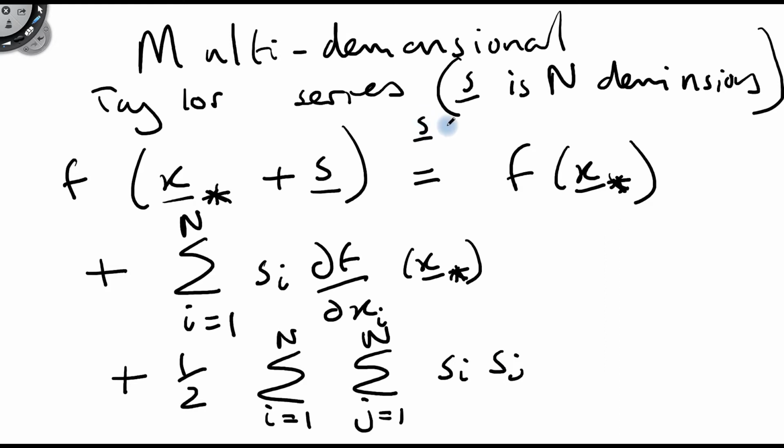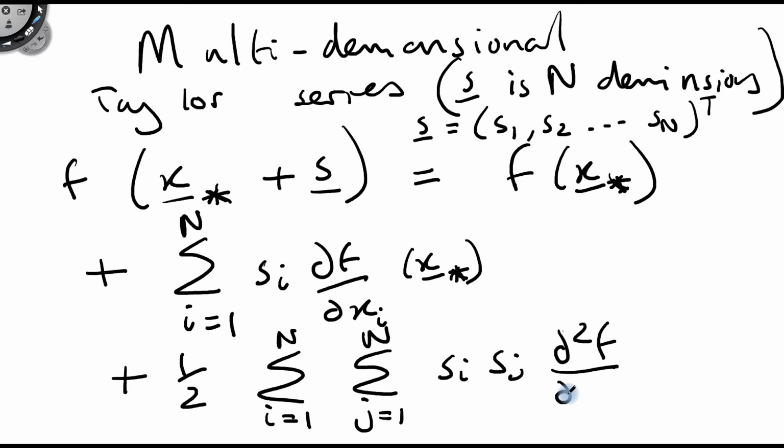Remember, our s vector is simply s_1, s_2, all the way up to s_n, transposed. That's what our s vector is. We have our second derivative, d squared f by dx_i dx_j, plus higher order parts.